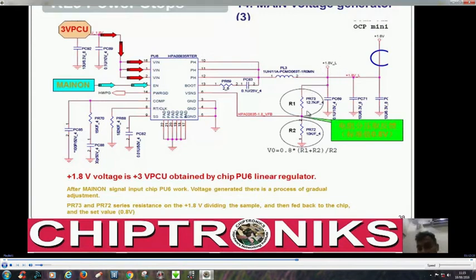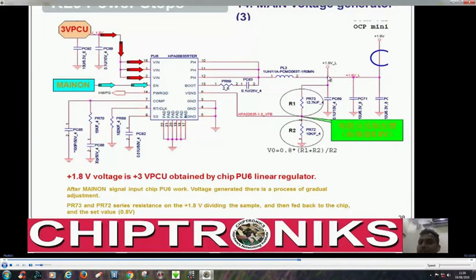You can see the other pin is feedback, V sense, so it will iteratively generate 1.8 volt. That is, this regulator will check the output voltage, whether the output voltage is 1.8 volt or not, and how it will check: you see there is a feedback given to this linear regulator, so it will iterate, it will increase the output to 1.8 volt.